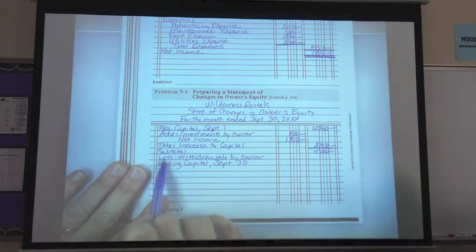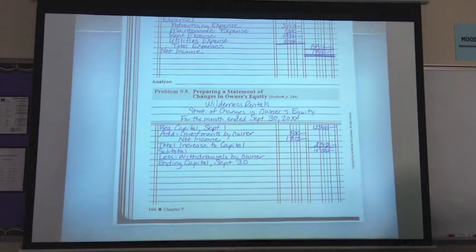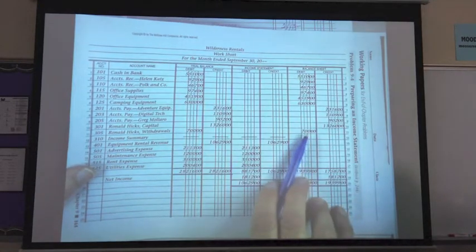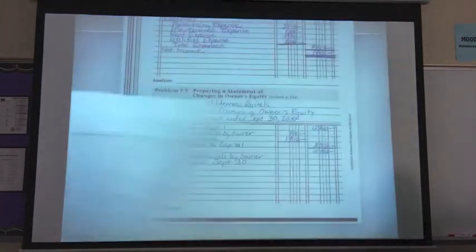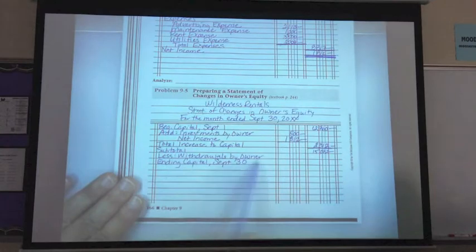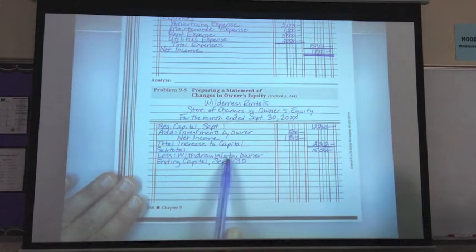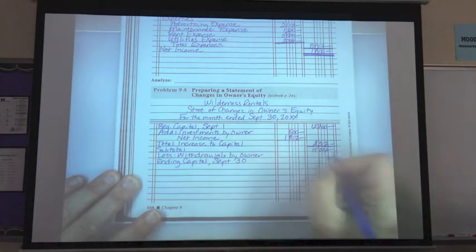All right, now we have less withdrawals by owner. They withdrew 700. Now notice, it's a debit, but it's also my total. It's the only thing I'm using. So I'm not going to put it over here just because it's a debit. Rather, I'm going to put it all the way over here because it's my total of $700.